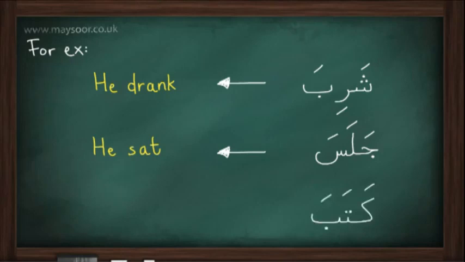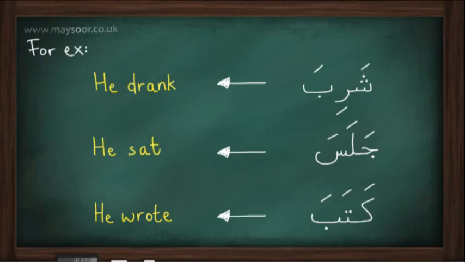And kataba means he wrote. As you can see, when we translate the meaning of these verbs from Arabic to English, the English coincides with the singular, masculine, third person, and the verb in the past.